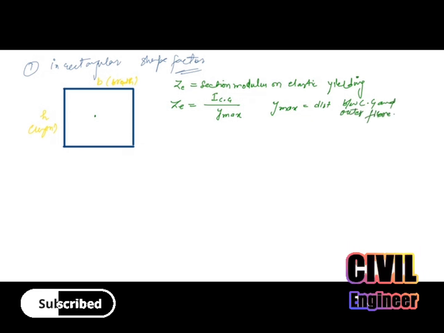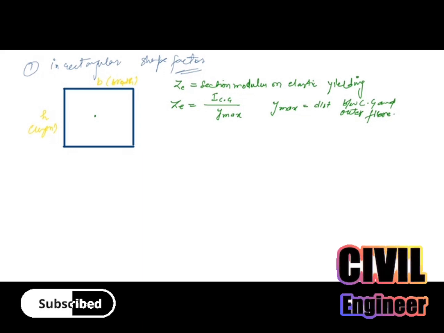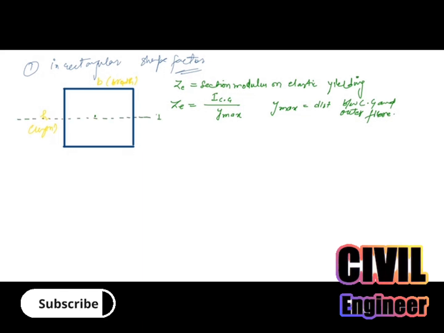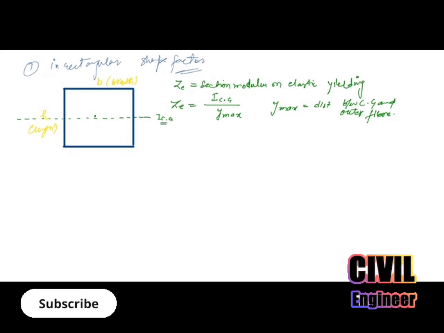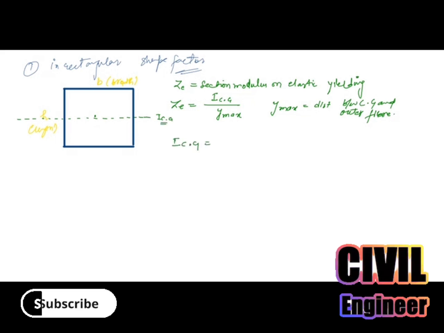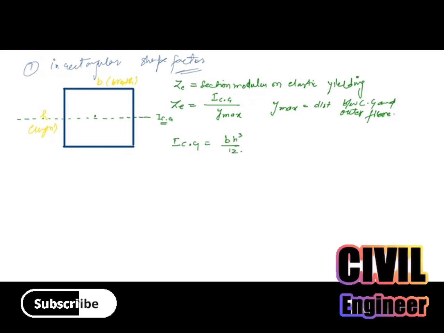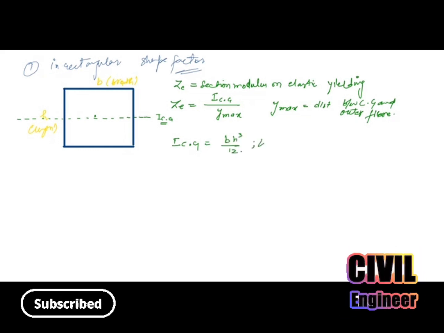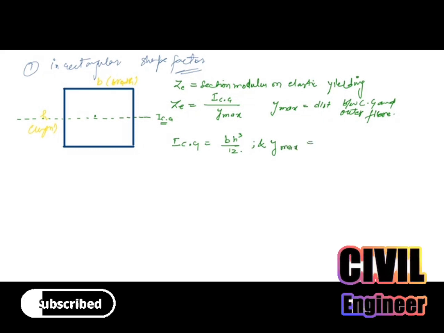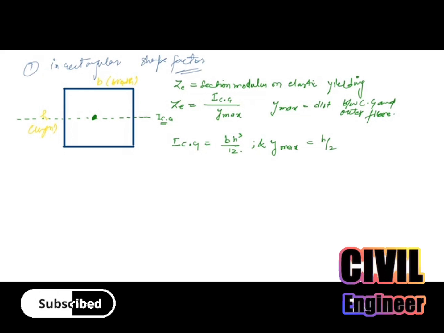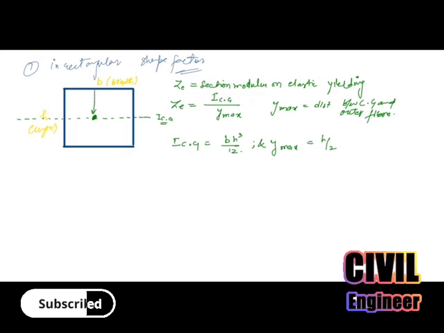Now if you see this rectangular section, we'll take I_CG about this axis. So I_CG will be BH cube divided by 12, and y max will be H by 2 because it's from the center of gravity to this section.